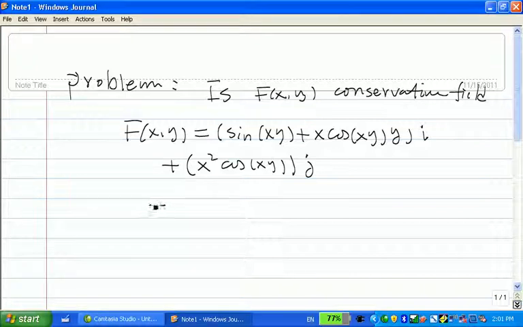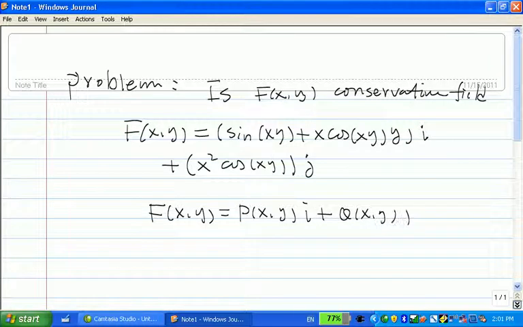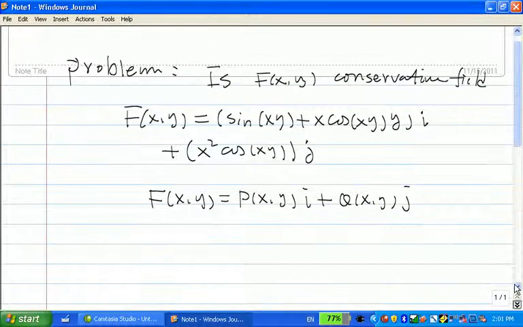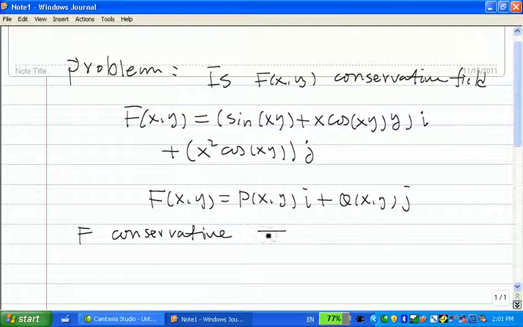If your F here is your vector function, written as P(x, y) i plus Q(x, y) j, and if P and Q have continuous first derivatives, then F is conservative if and only if this equation is true: partial P with respect to y equals partial Q with respect to x.